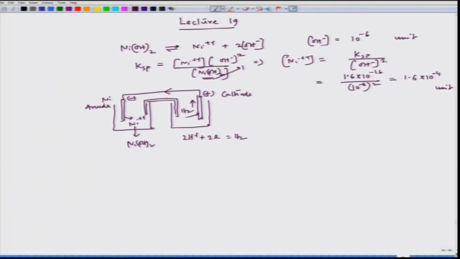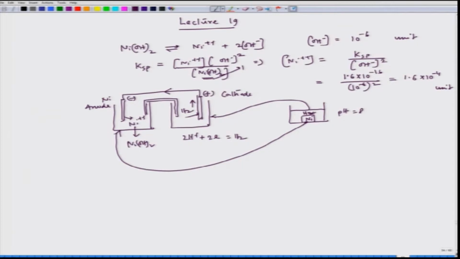How is it replicating? Because in this case I have a solution with pH 8 and in that we have a nickel piece. So, this nickel piece is forming a half cell which is similar to this, and hydrogen evolution on the surface of the nickel piece is mimicking the hydrogen electrode on the other side.